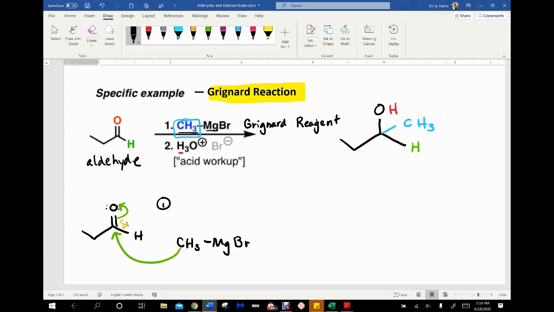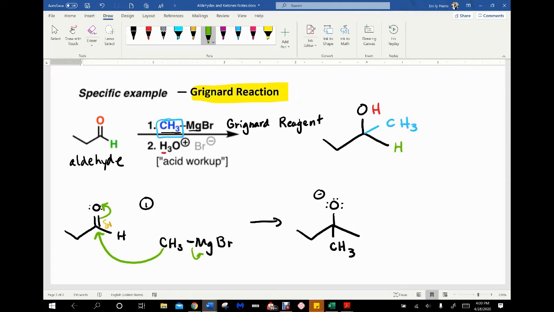So those are its starting electrons. So our first step was nucleophilic attack. Now that oxygen will have its extra electrons, so it'll have a negative charge. And we now have the CH3 attached as well. The MgBr won't go into the final product. It's just used to make the CH3 a nucleophile.